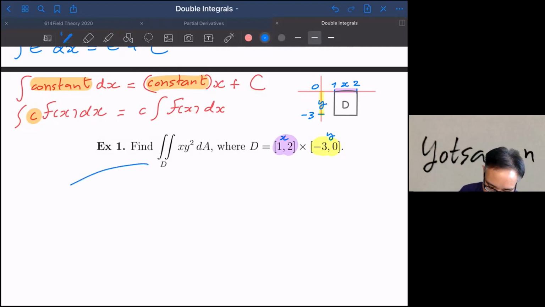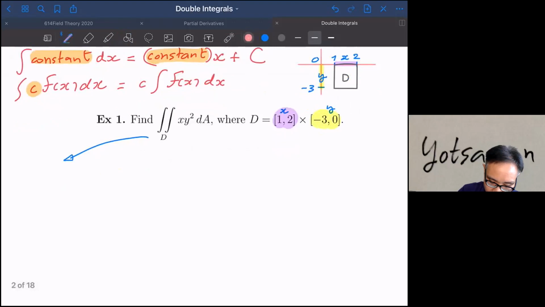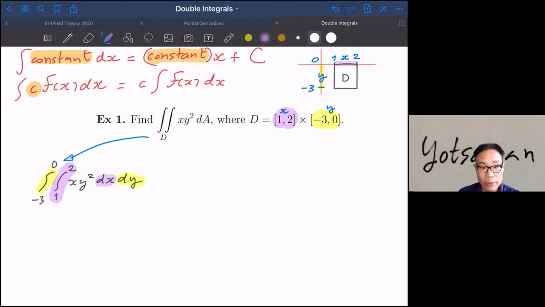So this can be transformed into the double integral of xy squared dx dy, with x from 1 to 2, and dy with y from -3 to 0. The yellow is for -3 to 0, and the purple one is for 1 to 2. This is how we set up this double integral.